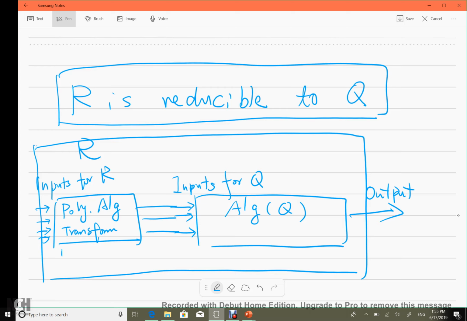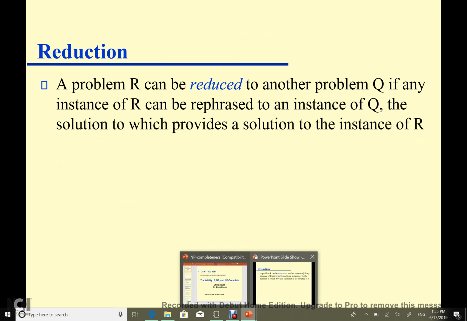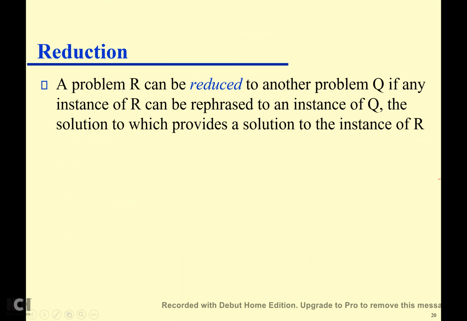If Q is intractable, it cannot be solved in polynomial time. It may take polynomial time on a nondeterministic machine. In that case, R will be the same way. This corresponds to the NP complete beautiful property.